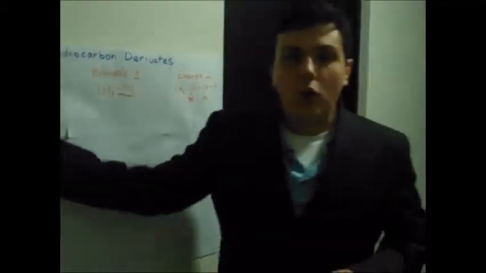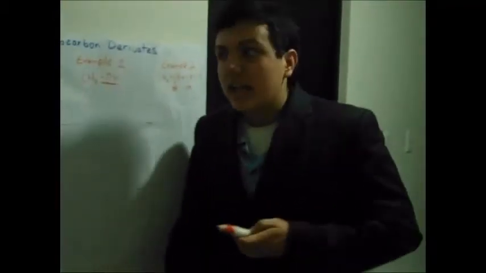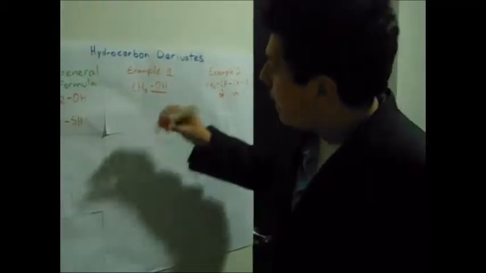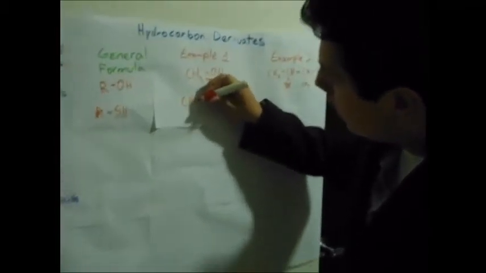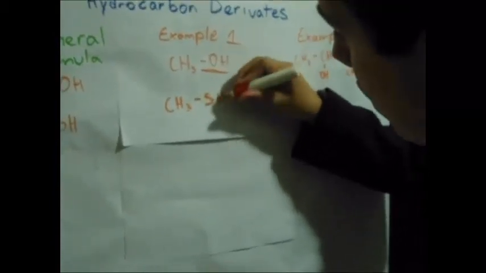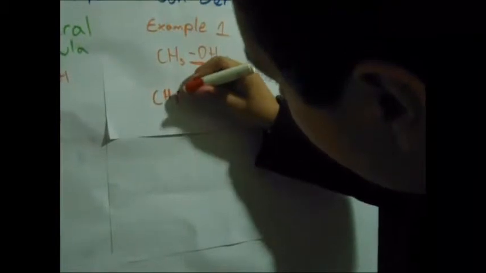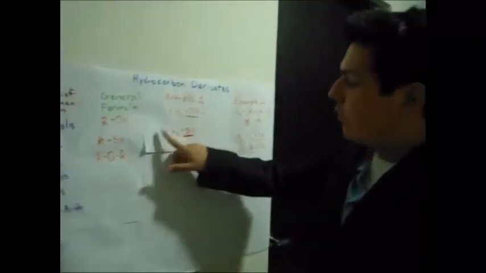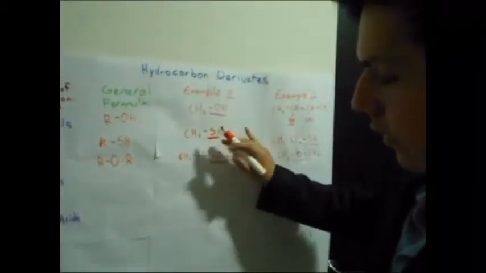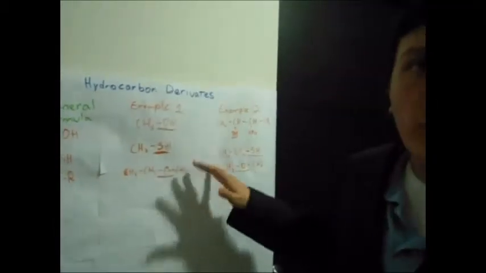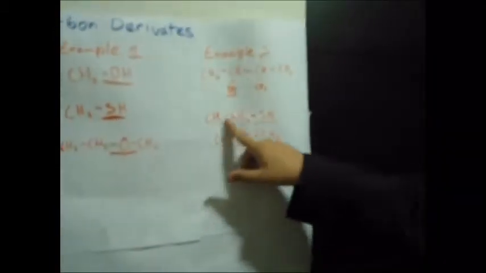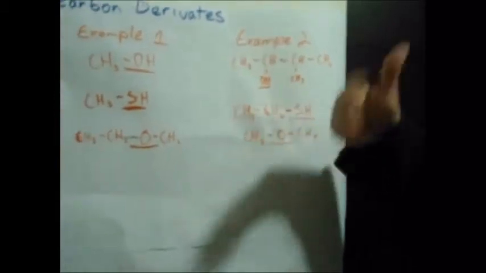The first example for the thiol will be methanethiol. That will be the methyl combined with the hydrogen sulfide. Here the main functional group will be the sulfur hydrogen. And now we're going to the second example. It will be ethanethiol. That will be the alkyl group and the sulfur hydrogen.